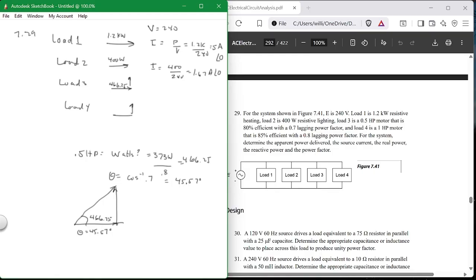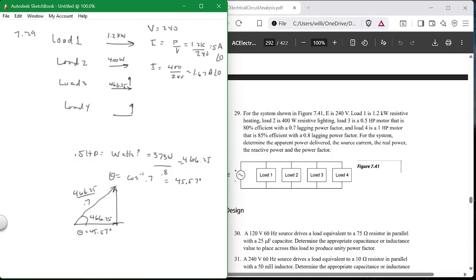What is it along this axis? This would be 466 divided by what? What's along this axis right up here? Divide that by 0.7, and that gives you this number right here. And then along this axis, it is that number times sine of theta.